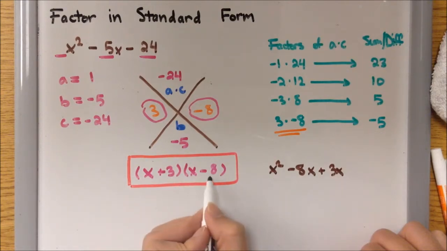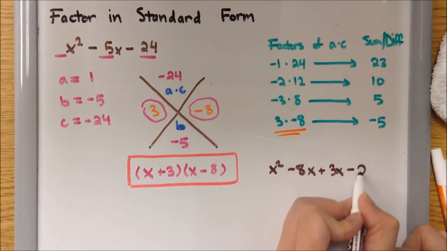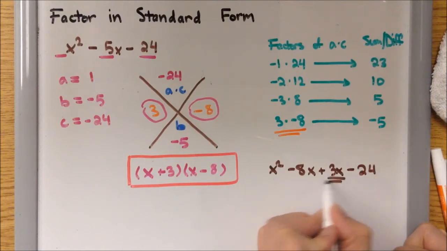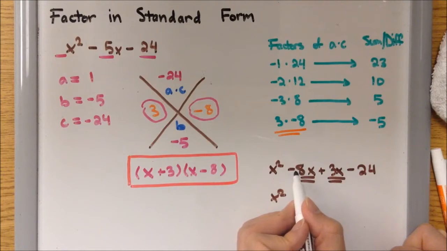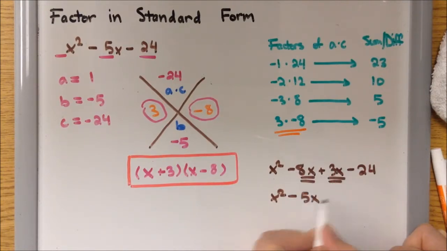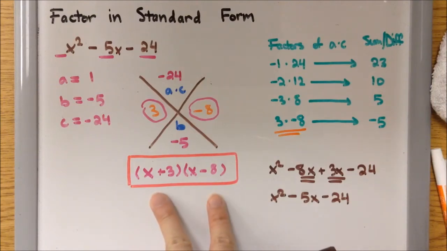Then positive 3 times negative 8 would be negative 24. Then I'm just going to combine like terms, bring down x squared. Negative 8x plus 3x will be negative 5x. Bring down the minus 24. So my answer matches the example. Therefore, these two factors are the correct answer.